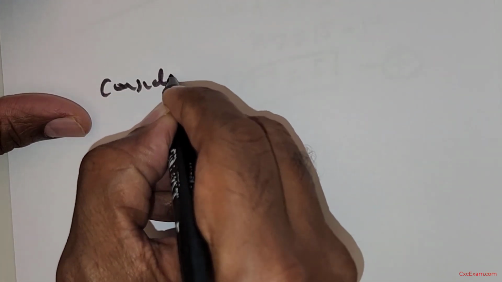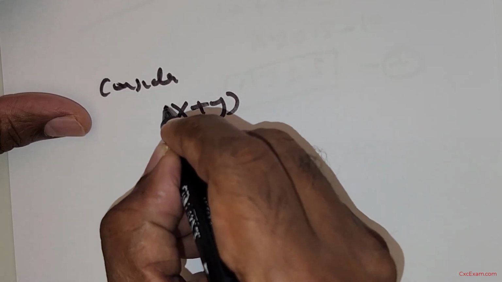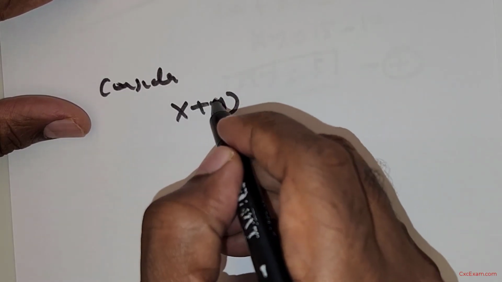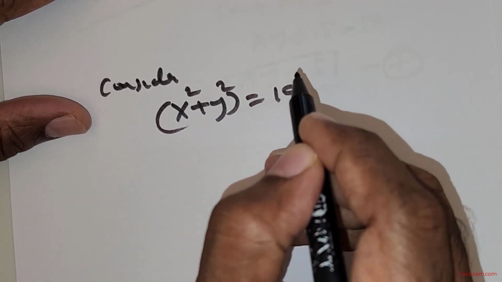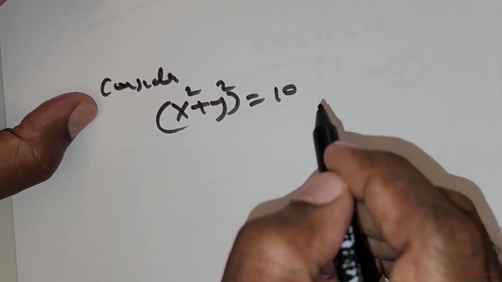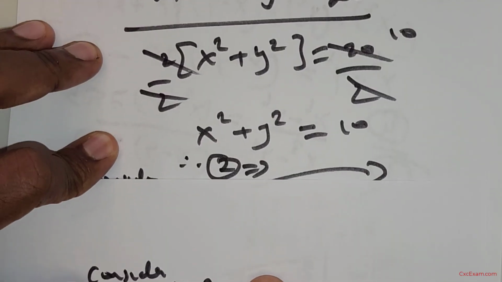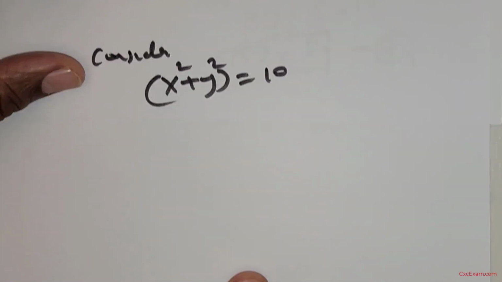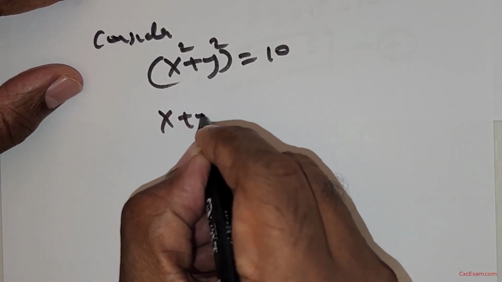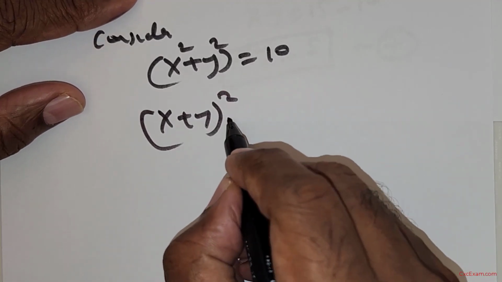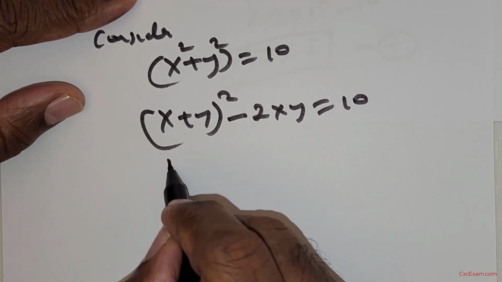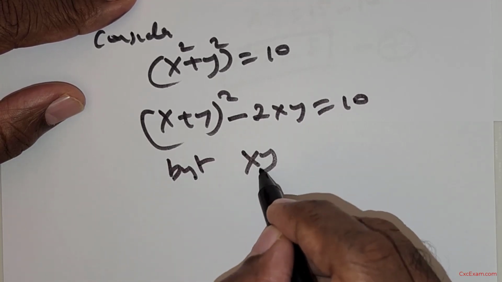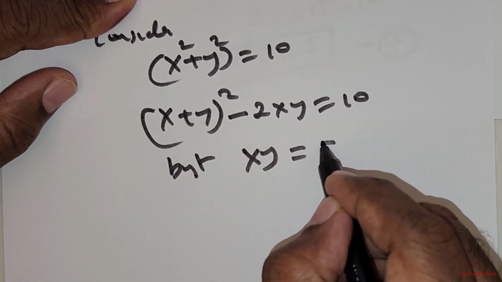Now let me consider x squared plus y squared is equal to 10. Let me consider this, because we have already got that here. Now this can be rewritten as (x plus y) whole squared minus 2 times xy is equal to 10. But we have got x times y is equal to 5.